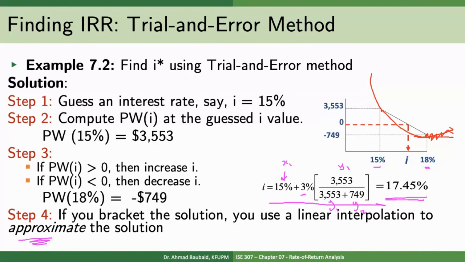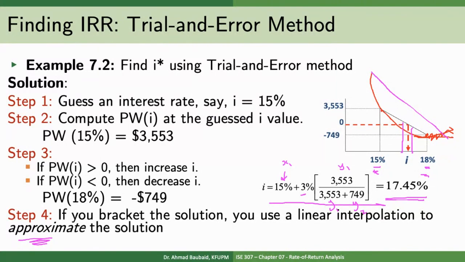If the function is nonlinear, the smaller my range is, so assume I bracketed the point between this and this instead of 15 and 18, that's obviously going to be more accurate, even if I use a linear function. It's probably going to approximate the function better than if I fit a linear function like this, right? And so the narrower your range, the more accurate your interpolation estimates will be.